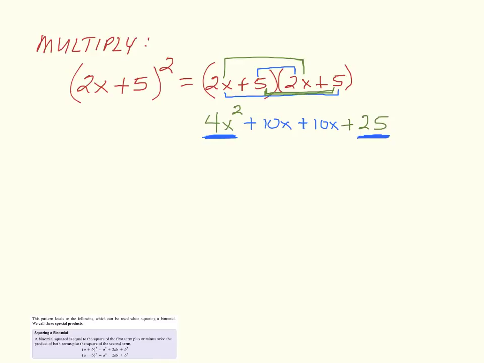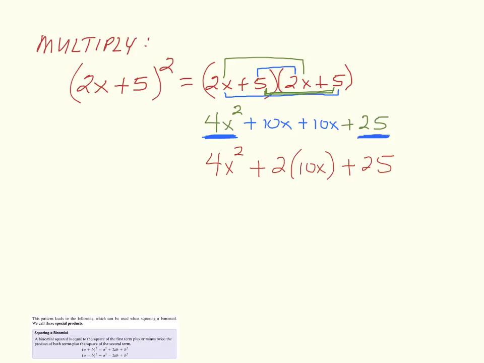So we really could write this as 4x squared plus 2 times 10x plus 25. Because we have 2 of them, right? 2 of those middle terms means 2 times the middle term.